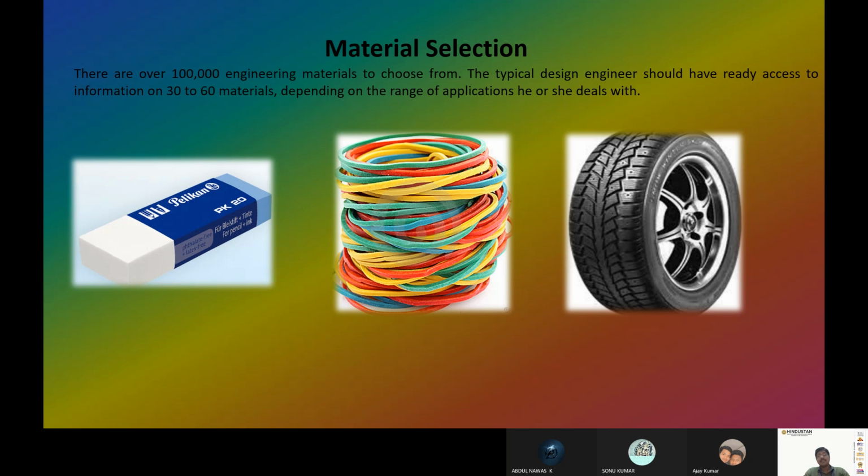So just imagine, because of appearance alone we can't come to a conclusion. We need to know about the physical parameters, and sometimes the chemical properties. I think in the lower classes you studied the physical and chemical properties of various materials. That is very, very essential. From the design point of view, they will tell you it needs to withstand 1,000 tons.